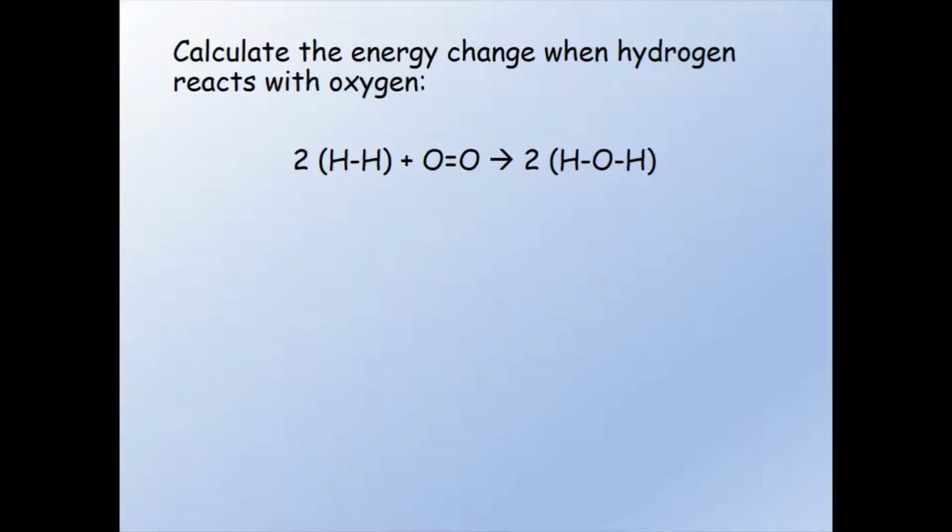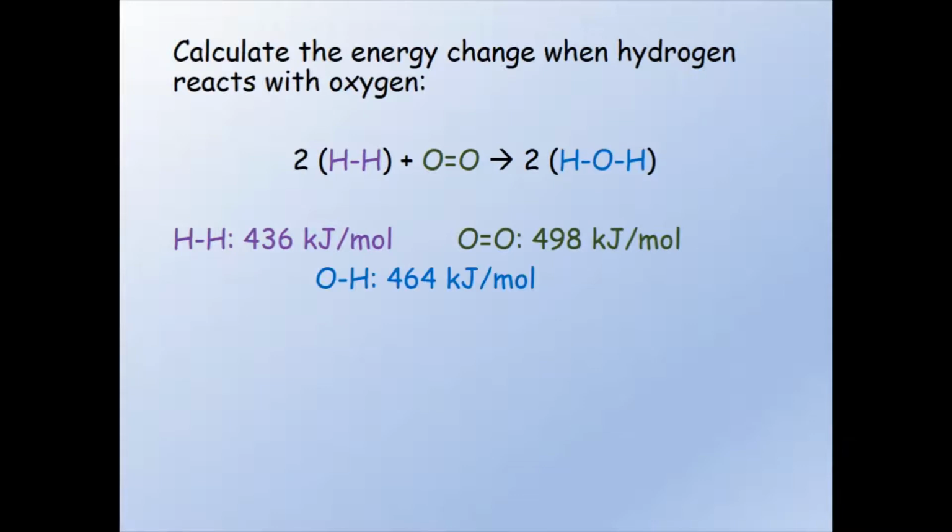You will also be given the bond energy for these individual bonds. So the bond energy for the hydrogen-hydrogen bond is 436 kJ per mole. For the oxygen-oxygen bond it is 498 kJ per mole, and for the oxygen-hydrogen bond it is 464 kJ per mole.